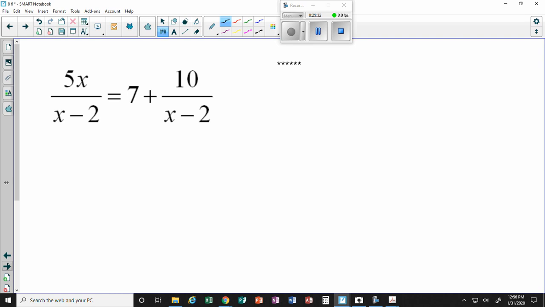So now this one. Can I use cross multiplying on this one right the way it is? Nope. So now the nice thing is I only have one denominator, right? The only denominator I have is x minus 2. So I'm just going to multiply everything by x minus 2.